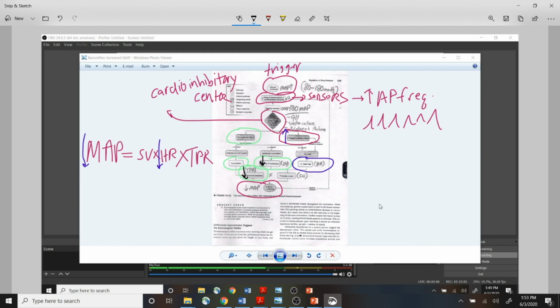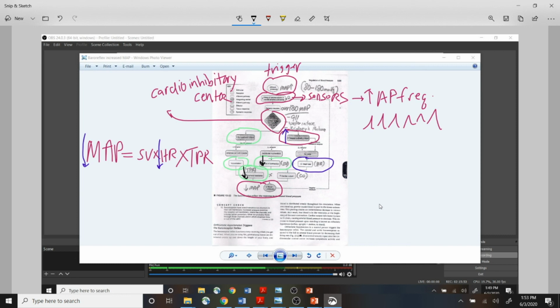Is the parasympathetic nervous system telling the stroke volume directly, the ventricular myocardial tissue, hey, contract with less force, less stroke volume? Is the parasympathetic nervous system telling the arterial smooth muscle of most blood vessels, not all, but enough to vasodilate? Relax your smooth muscle, vasodilate. No, it can't. It cannot.